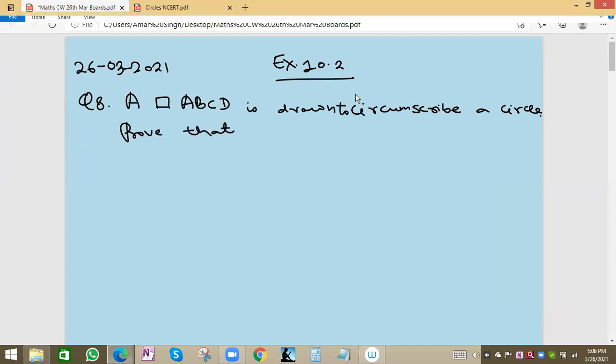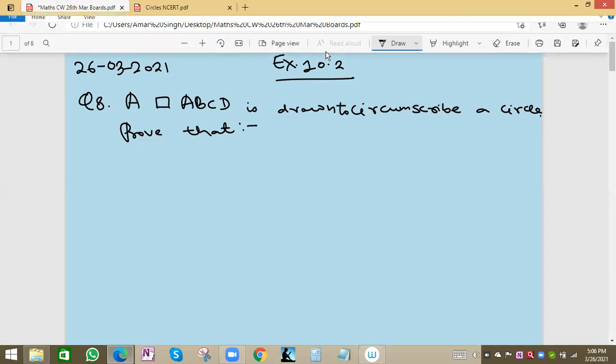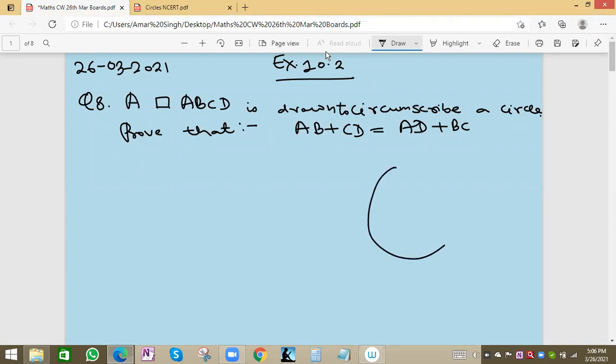Prove that AB plus CD equals AD plus BC. This is the diagram, a circle.